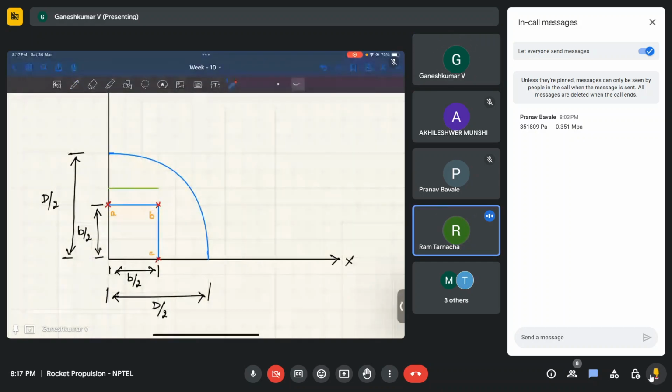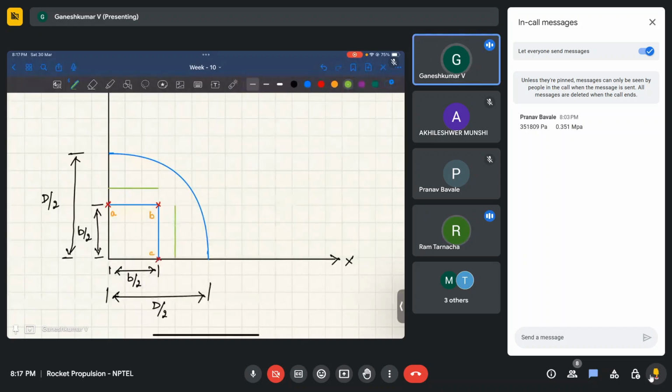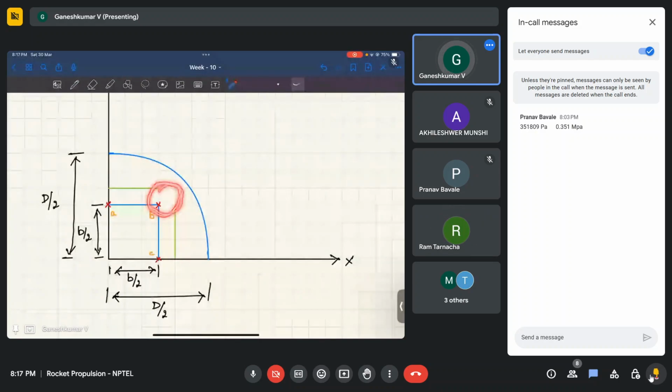Similarly, the bc line will also regress one cell. Now the question is, what is going to happen here? If you are able to find this out correctly, then everything would be right.